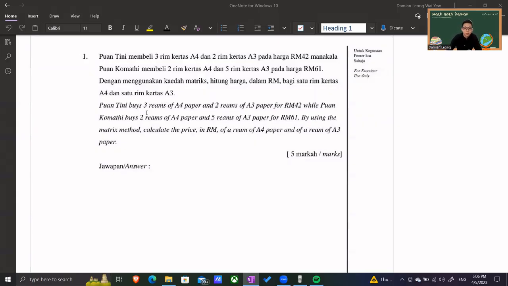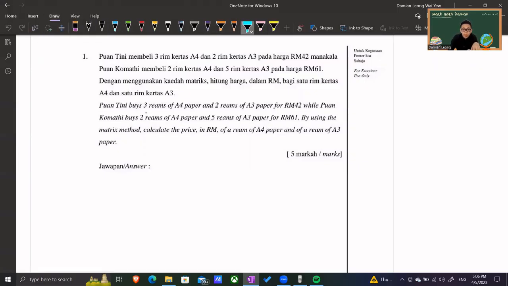of A3 paper. So this is a simultaneous equation question, but the question says use the matrix method. So we have to solve by using matrix. Form the 2 equations first. 3 reams of A4 paper, 2 reams of A3 paper, 42 ringgit.